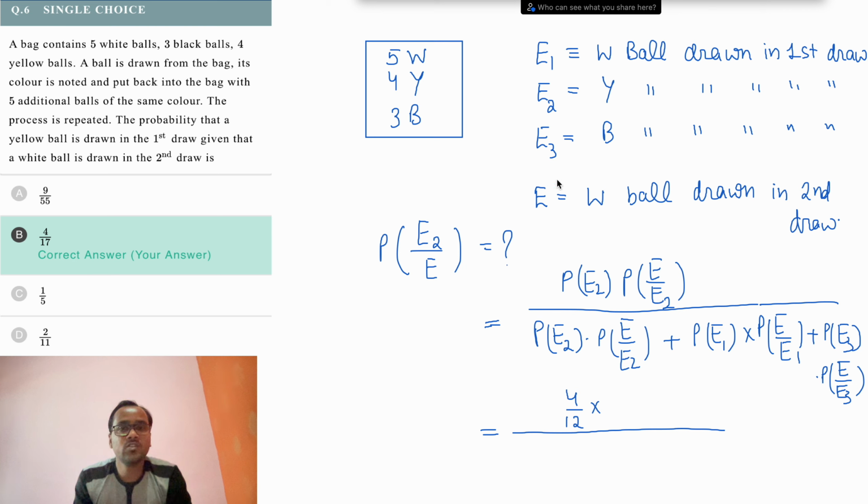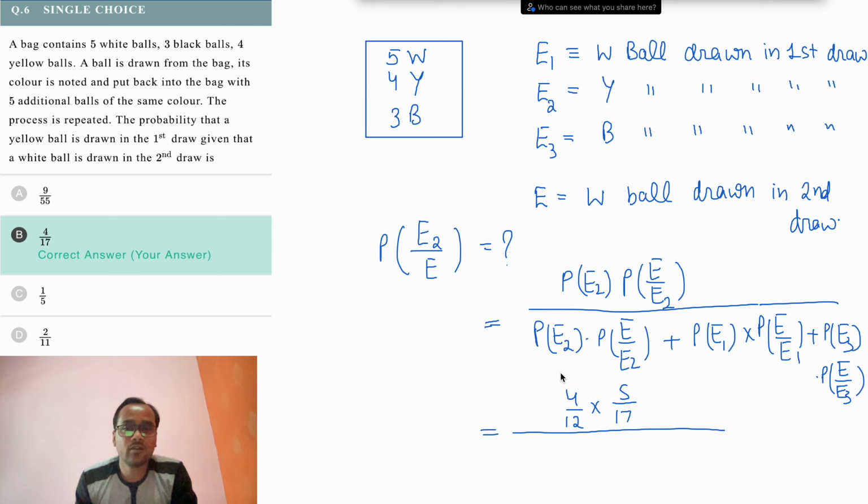So when a yellow ball was drawn in the first draw, we'll be putting 5 yellow balls into the bag. Now there would be 12 plus 5, 17 balls in total. Out of that, the probability of getting a white ball will be 5 upon 17.